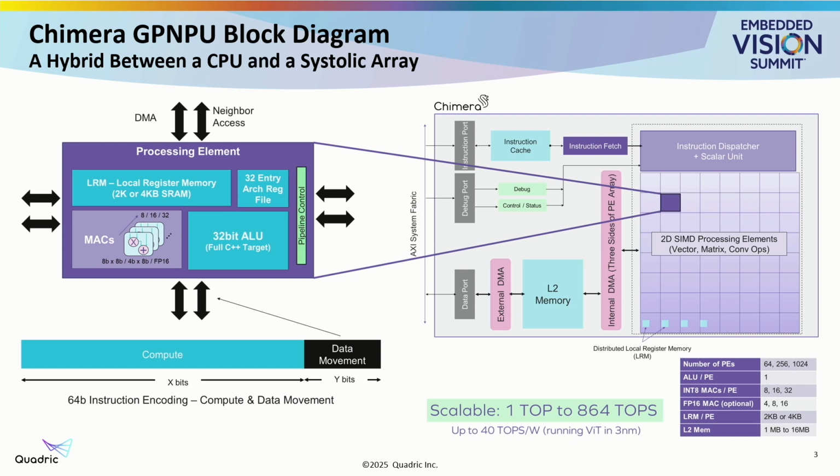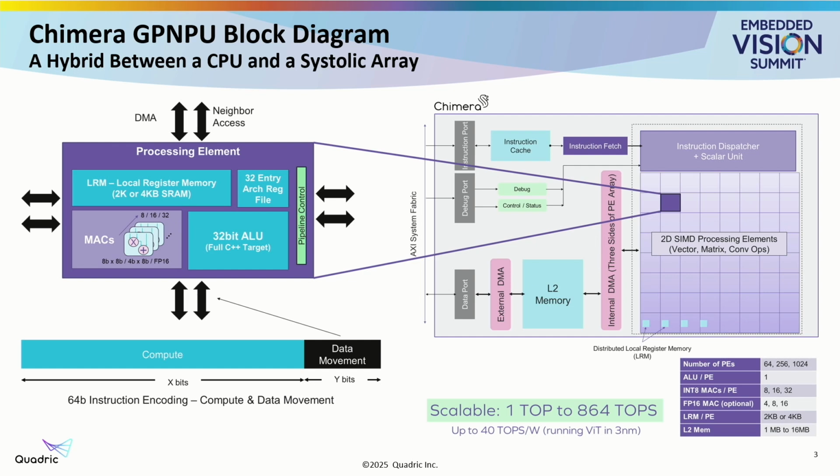That processing element is controlled by a proprietary ISA, a 64-bit instruction that encodes both data movement and compute simultaneously. So this processing element is essentially 4 stages of a 7-stage processor pipeline. We give this processing element access to its direct neighbors as well as DMA engines. We tile all of these things out into a 2D array, and that becomes the architecture.